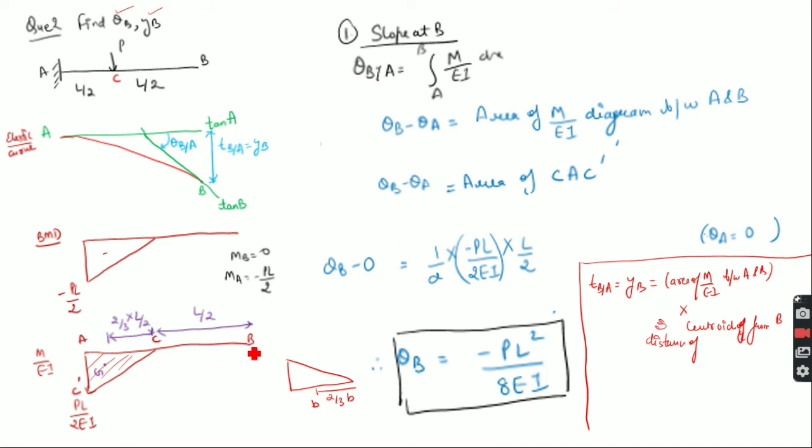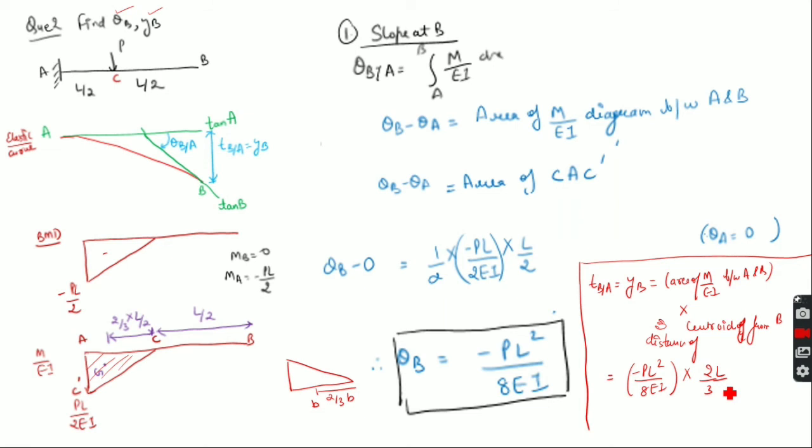But we want to calculate the distance of this centroid from B. So that will be L by 2 plus 2 by 3rd into L by 2. Okay, so I will write it this way, that area is minus PL square by 8EI, we just calculated, into 2 by 3 L by 2 plus L by 2.